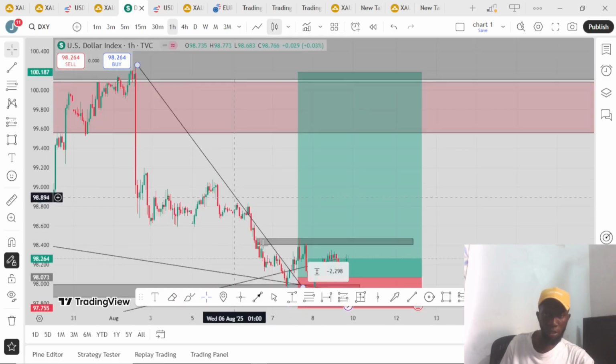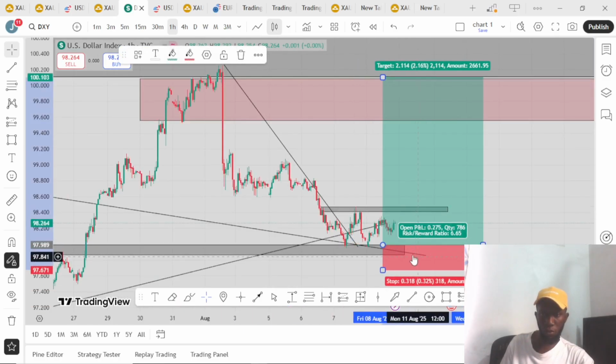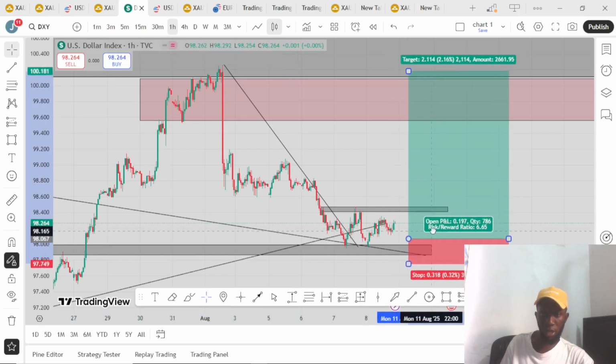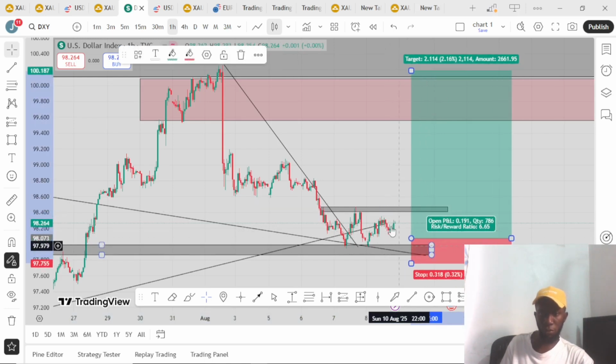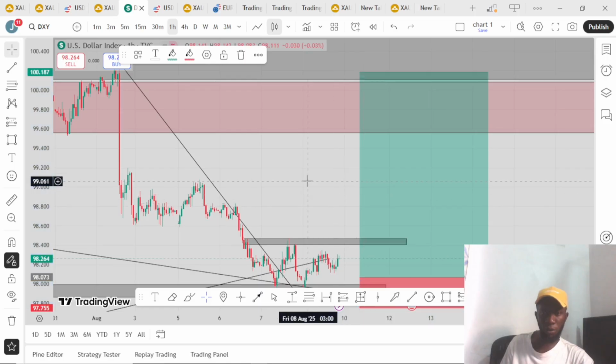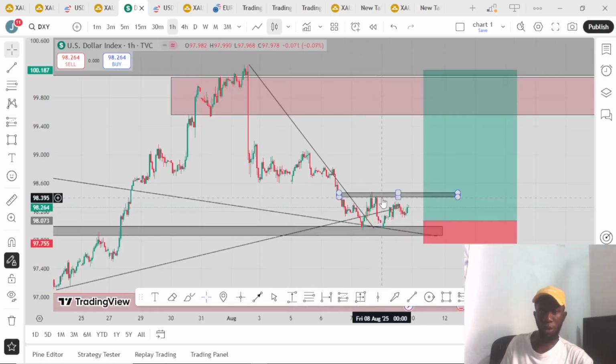But as long as the DXY is still within these two ranges, even though we are anticipating a bullish movement on the DXY, it means the rest of the USD related pairs will still be within the range. So now what we are just waiting for is a break of this, especially one that is backed up with one of the USD news. So it's either it will break down or it will break up.